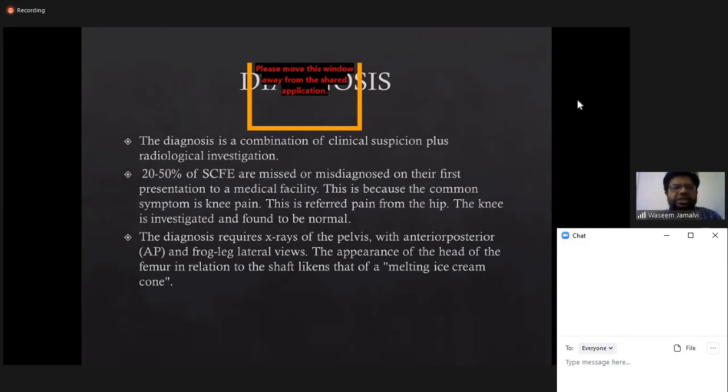So the knee is investigated and found to be normal, but with the passage of time the limping becomes very progressive and advanced. Then you can think of the hip and go for an X-ray of the pelvis with anteroposterior and frog-leg lateral views, where you can see a picture of the melting ice cream cone type of appearance on the hip joint.